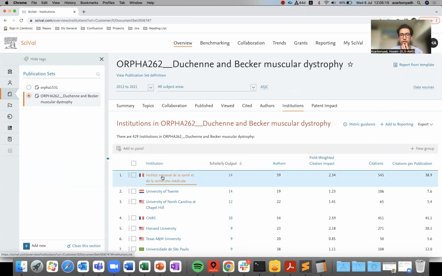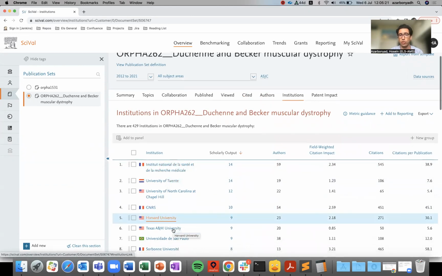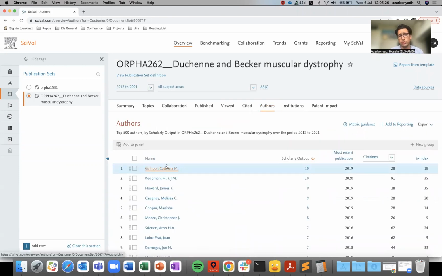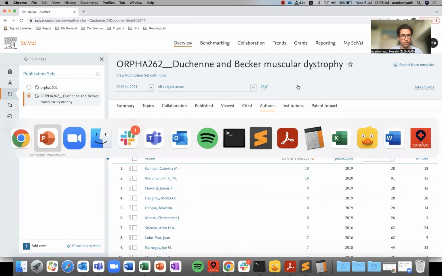This university from France is the most active one, then University of Twente from the Netherlands, and so on. Also, you can see the authors who published the most on this rare disease. This is similar to what we have in mind as the final product, which, as I said, will be built hopefully soon, and will be a standalone product.